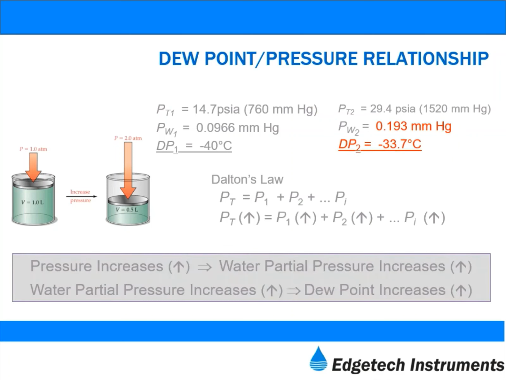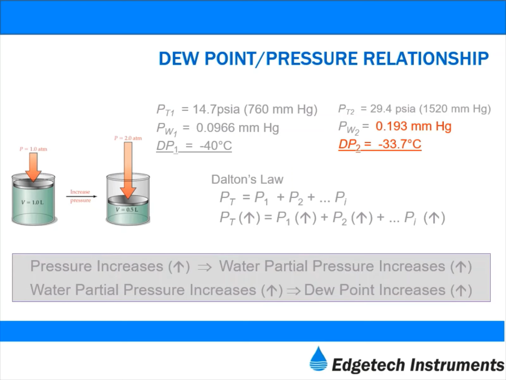If you think through what we've just talked about in terms of the ideal gas law and Dalton's law, if you increase the total pressure of the system, that means you increase all the partial pressures of the components. So if you double the pressure, the pressure the nitrogen molecules exert doubles, the pressure the oxygen molecules exert doubles, and the pressure the water molecules exert doubles.